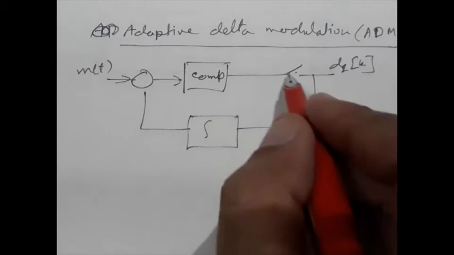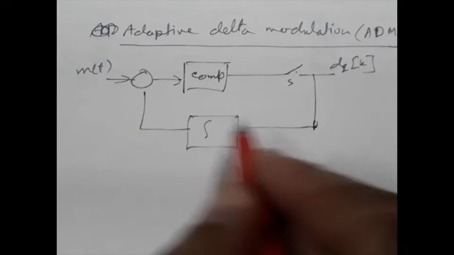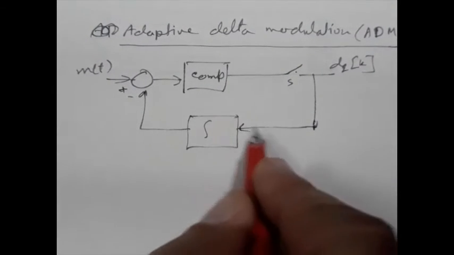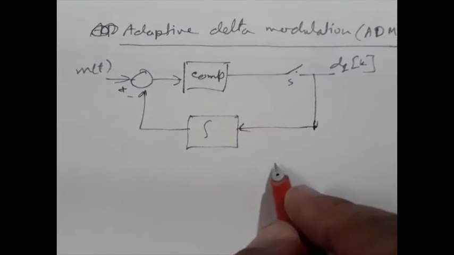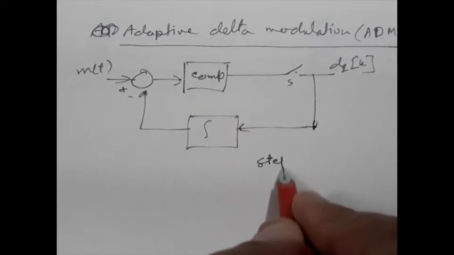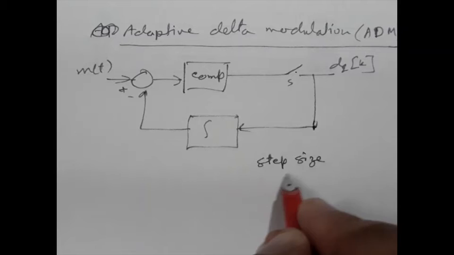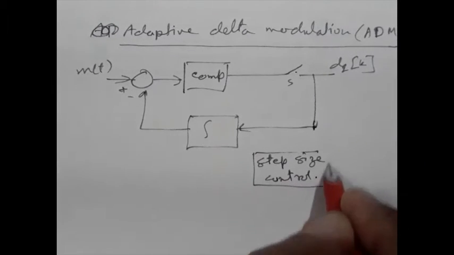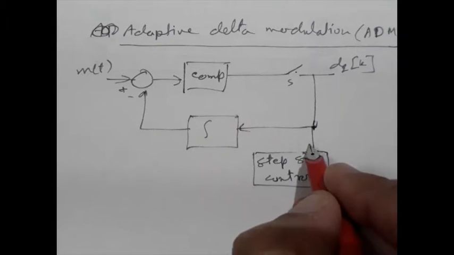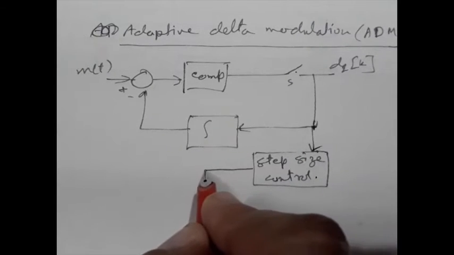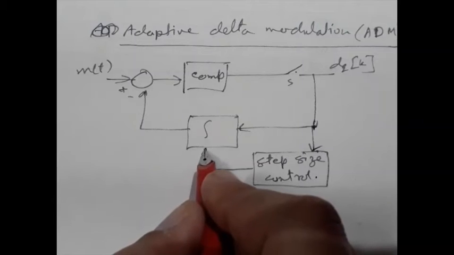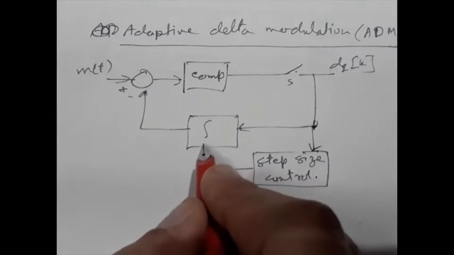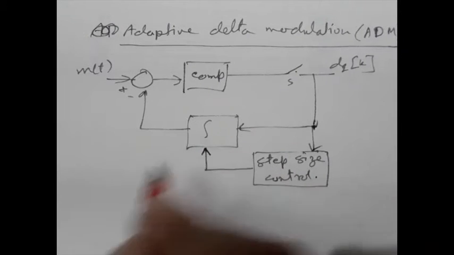But here the new thing is a step size control. It is an extra circuit that we have to add, and the output of this special circuit will be given to the integrator, so that the integrator may change its step size.